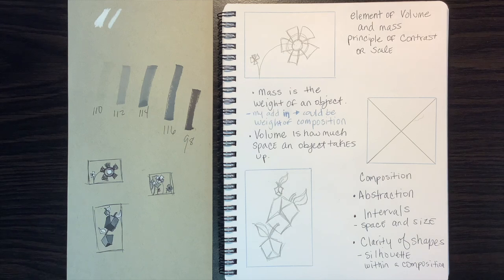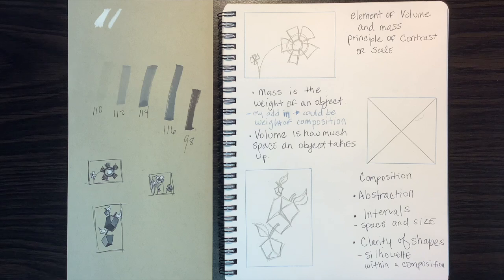So contrast we've already talked about, and scale we already talked about and also created artwork for. Contrast is pretty much opposites of elements. One of the easiest ways to think about contrast is white and black. If you have white and black in a composition, it's high in contrast.